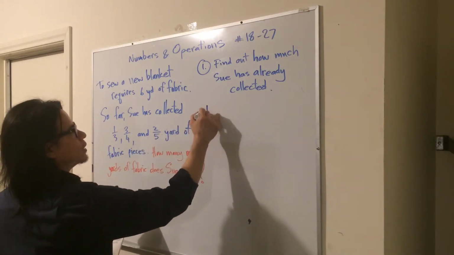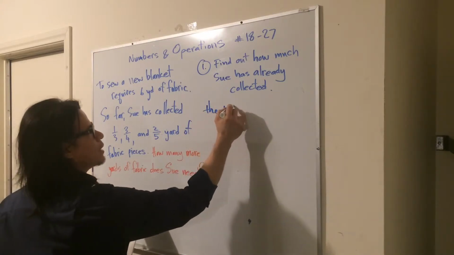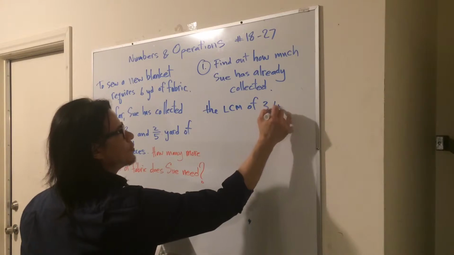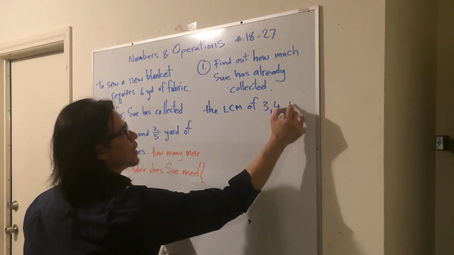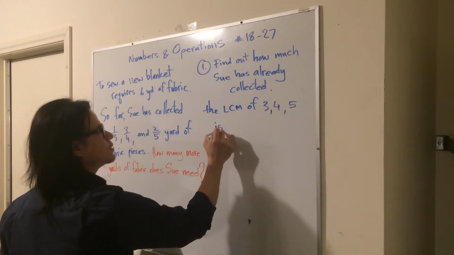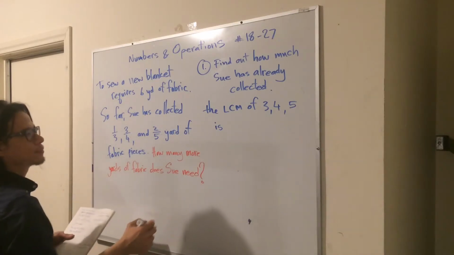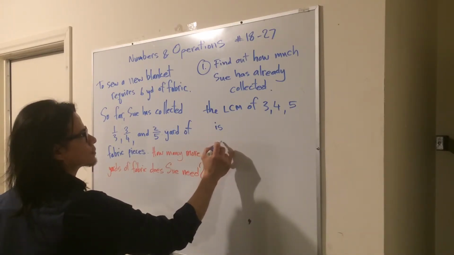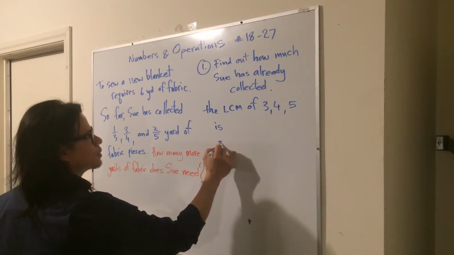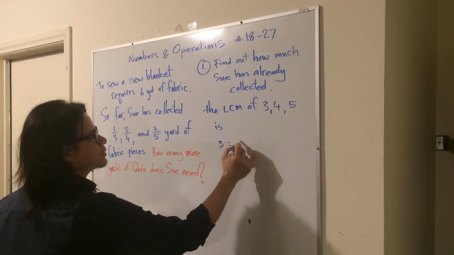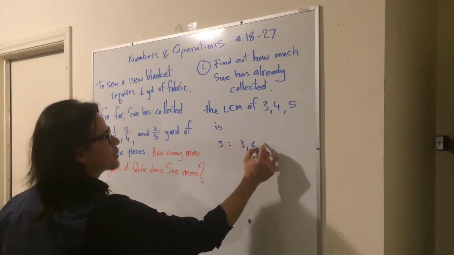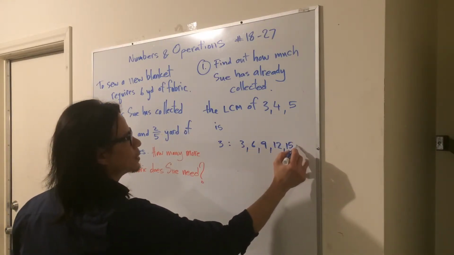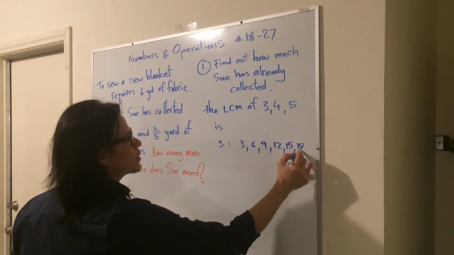The LCM of 3, 4, and 5 is, well, let's find the multiples of 3. The multiples of 3 are 3, 6, 9, 12, 15, 18.